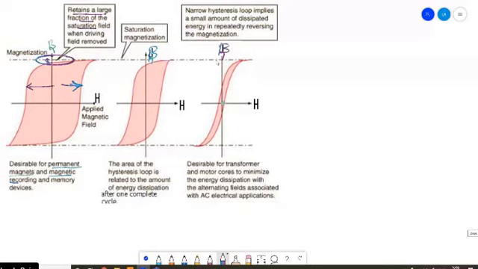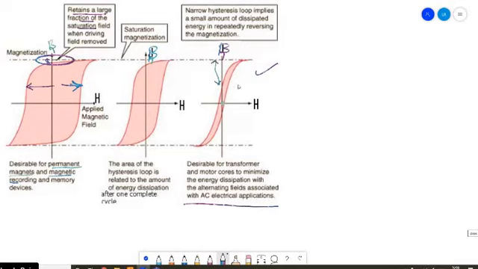This is where we are in need of this type of hysteresis curve: when we are using it in AC electrical appliances, where we don't want much hysteresis loss.